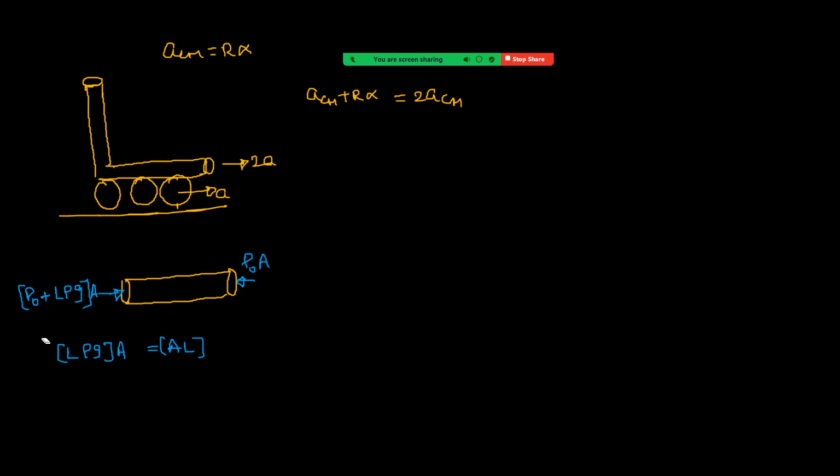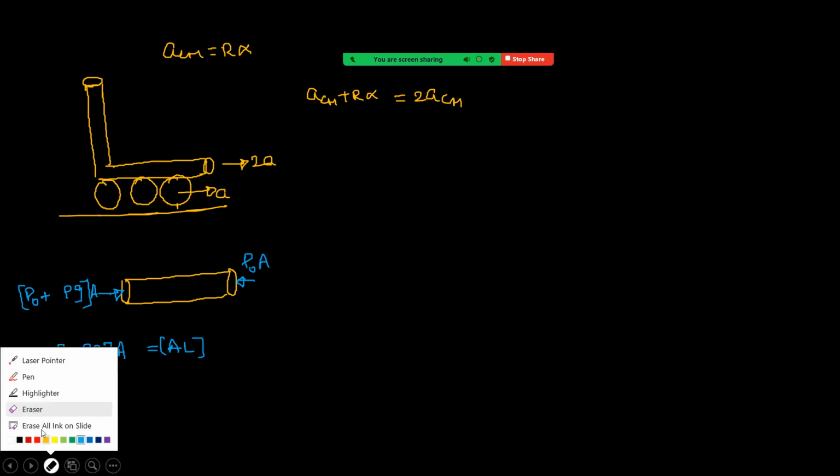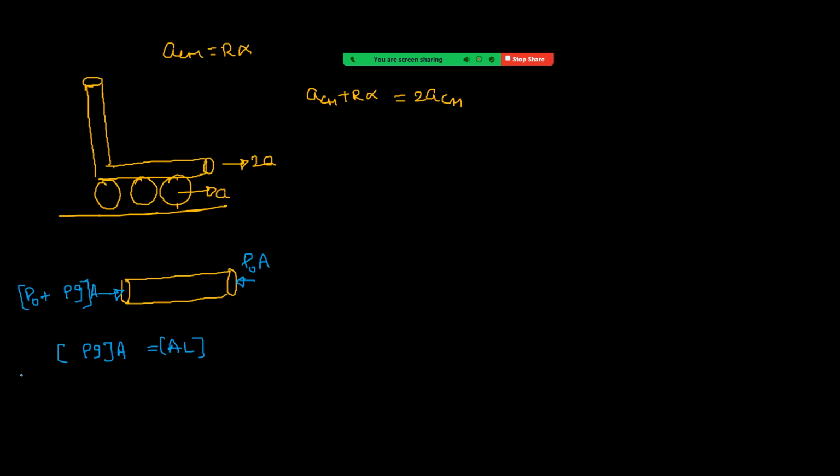Let me correct it. This height is given L. Okay, this is L. Height equal to H. This is H rho g. This is given L and this is given H. Right, so this is net force.